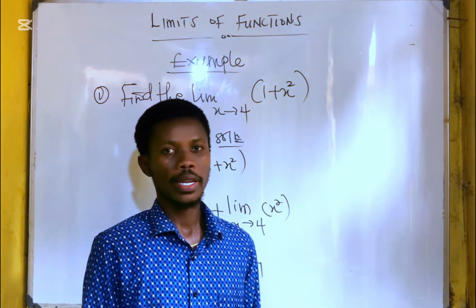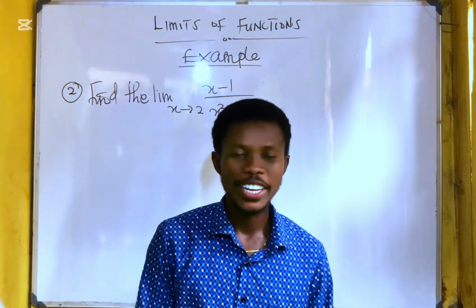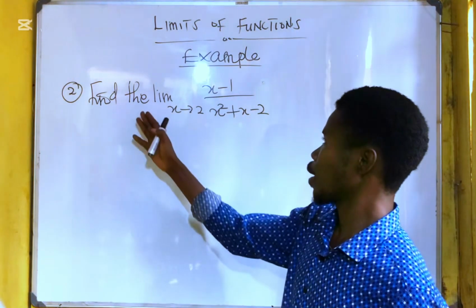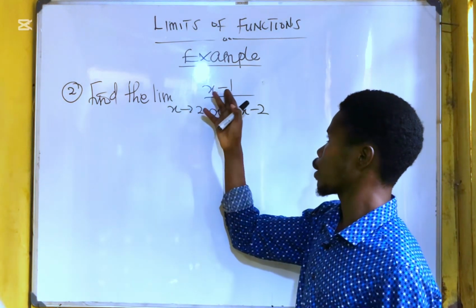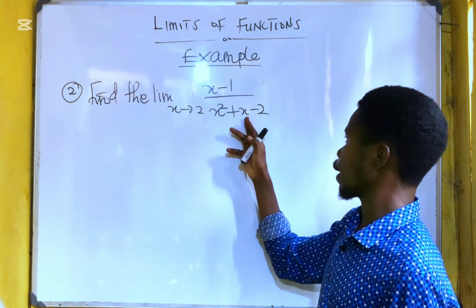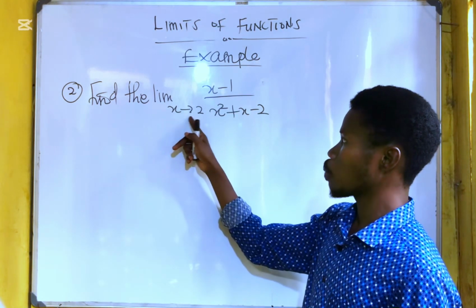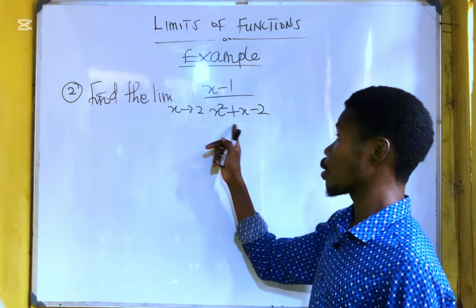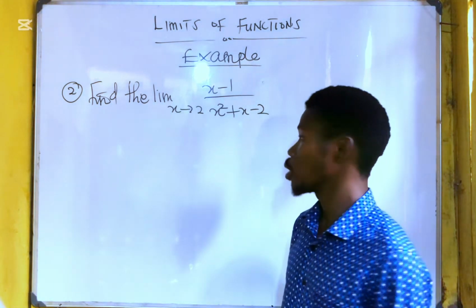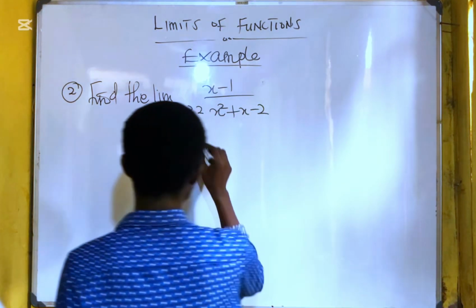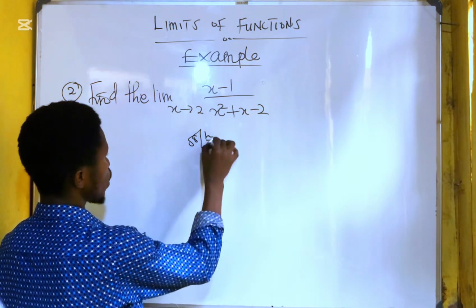Now let's look at another example. Example 2. We should find the limit of x minus 1 over x squared plus x minus 2, where x is approaching what? 2. Means that wherever you see x, you should put 2 there. Now here, if you want to solve it, you apply the law.